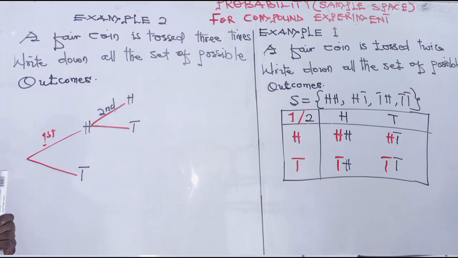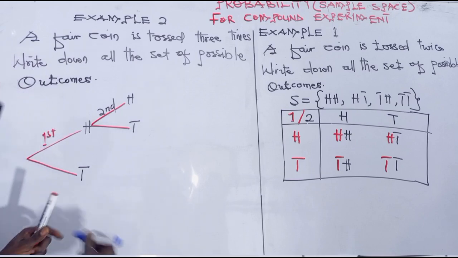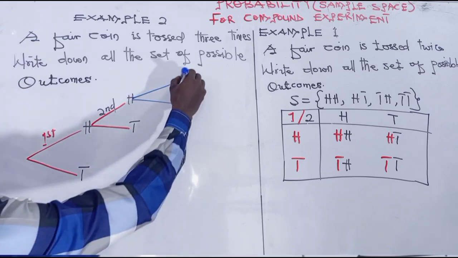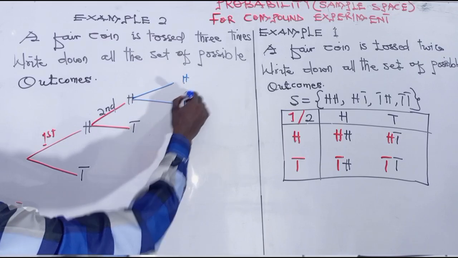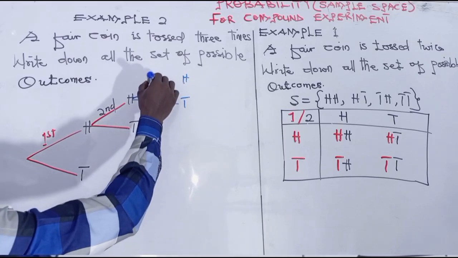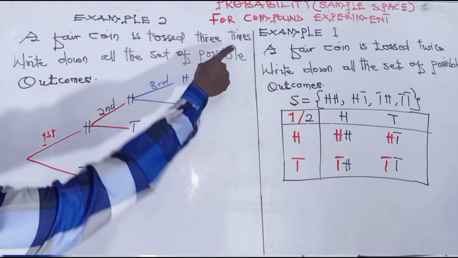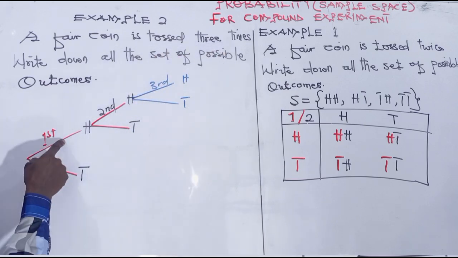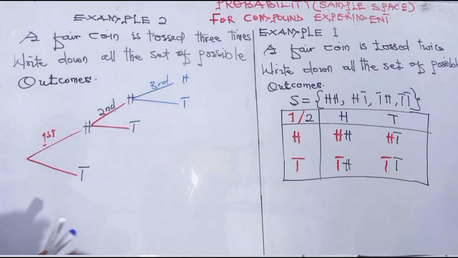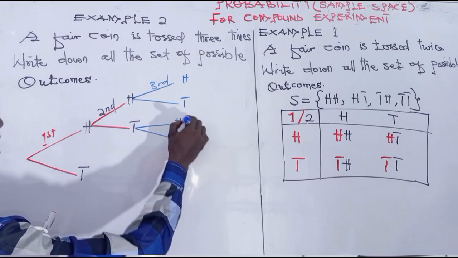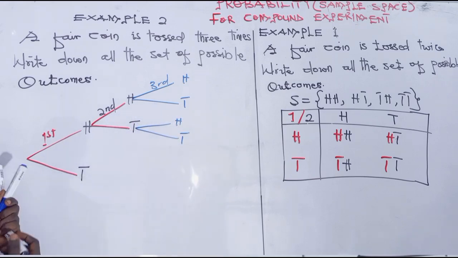On the third toss, we are going to have a head and then a tail. So this is the third toss. Because we are saying that a coin is tossed 3 times: the first toss, the second toss, the third toss. So this side too, we are still going to have a head and then a tail.